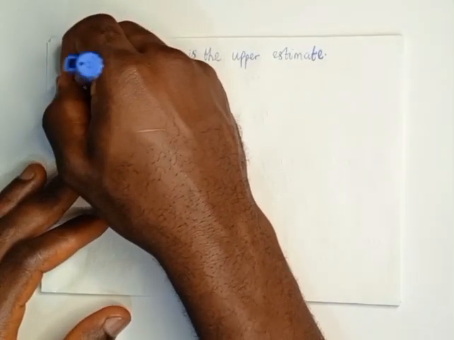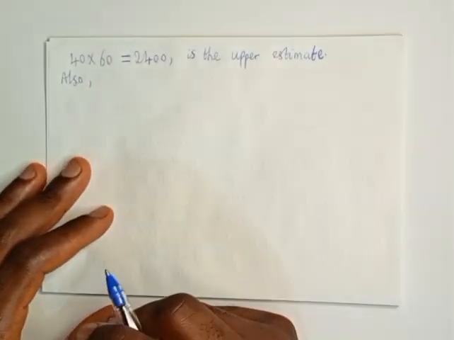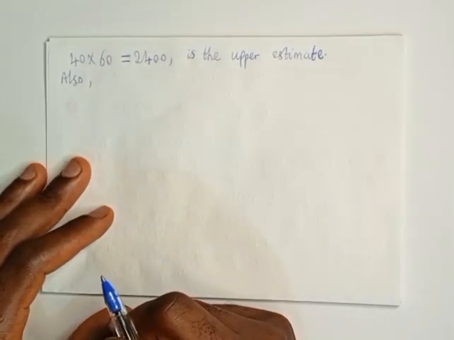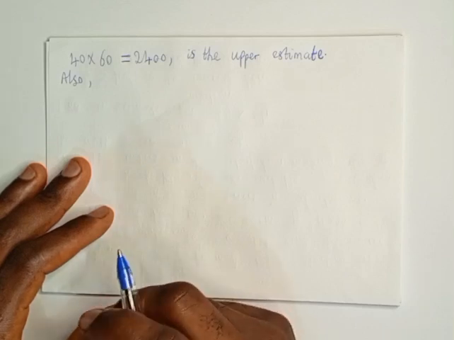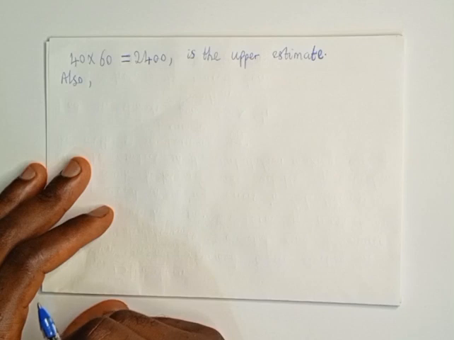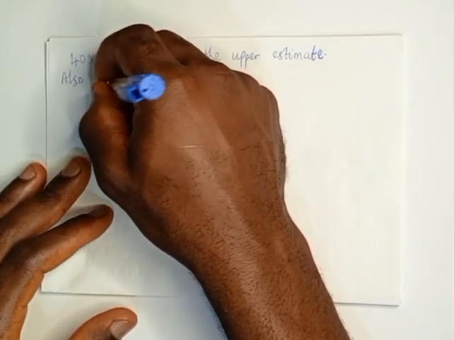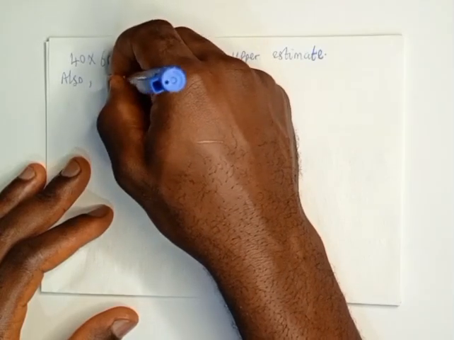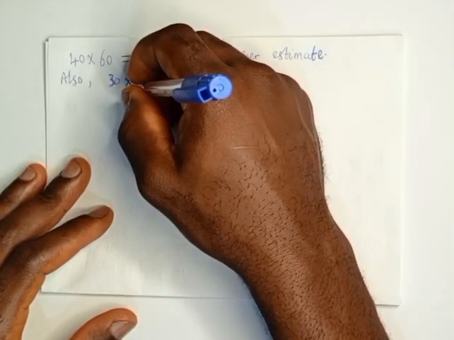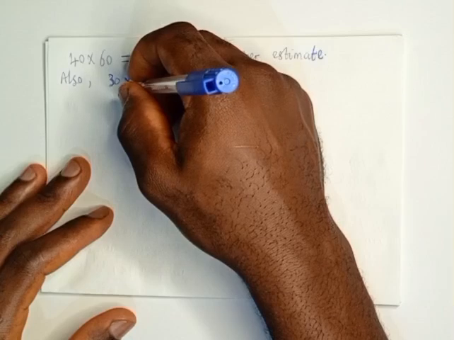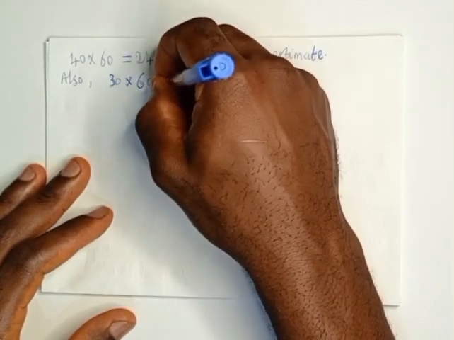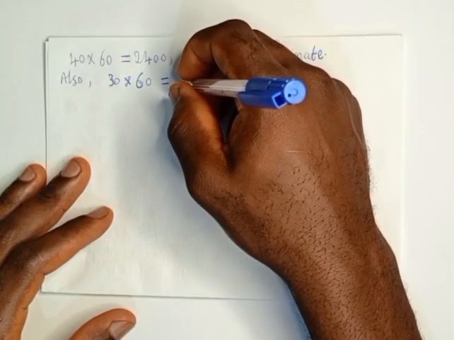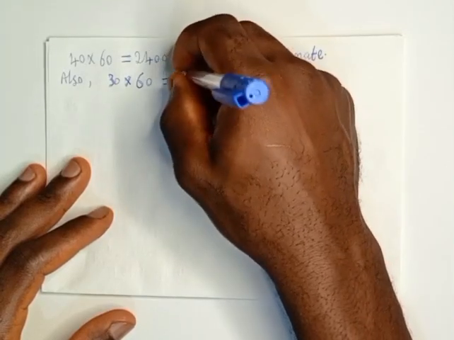Now let's get the lower estimate. Also, we know the number 35 to the nearest 10 gave us 40. Let's take the nearest 10 to 35 from below, which is 30. 30 times 64 to the nearest 10 is 60, which is from below. 30 times 60 will simply be equal to, we know 3 times 6 gives us 18.